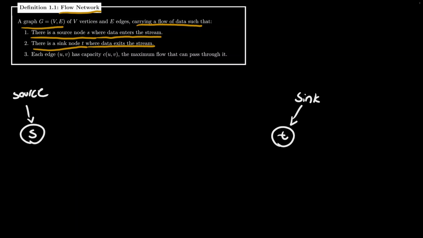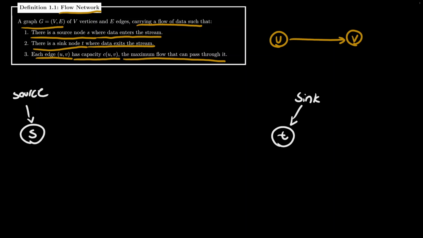And then we have edges E, so (u, v), that has a capacity, put into the function c(u, v), such that this is the maximum flow that can pass through it. So what does this mean? Say we have a node u, and say the endpoint is node v.